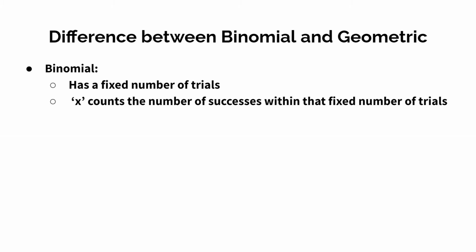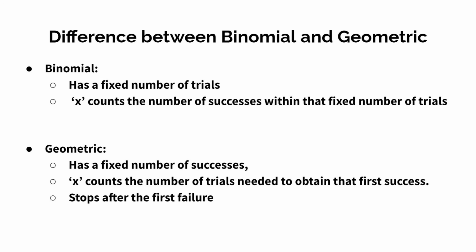With geometric distributions, it's a little bit different. You are given as many trials as possible until the first success happens. Keep in mind, the total number of trials also includes the first success as well. Think of it as a degrees of freedom situation where instead of n minus 1, you have n plus 1 instead. However, the differences don't stop at just the properties of the distributions, but the formulas of the distributions as well.